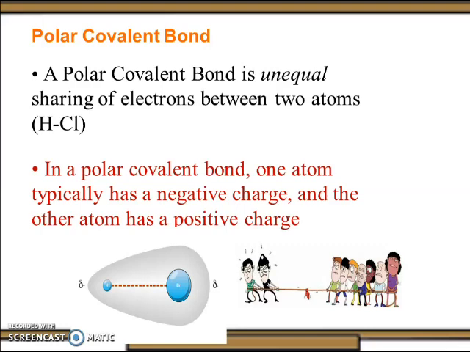In a polar covalent bond, one atom typically has a negative charge and the other has a positive charge. One atom has a stronger pull than the other atom and attracts electrons. The electronegativity difference between the elements should be 0.5 to 1.7 for a polar covalent bond to happen. Some examples of polar covalent bonds are water, ammonia, and sulfur dioxide.